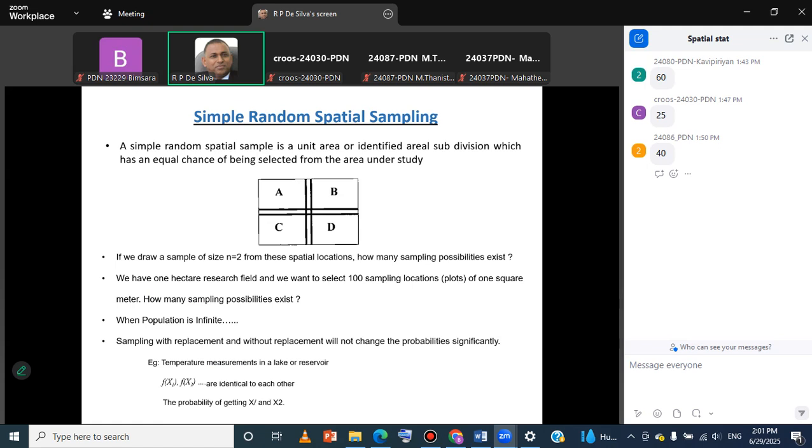Because if the variable or the parameter that we are going to sample is randomly distributed over the area, then simple random spatial sampling will work. But if it is not randomly distributed, if there are any underlying reasons for the distribution of the parameter that we are looking at, simple random spatial sampling will not work.